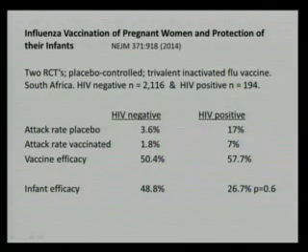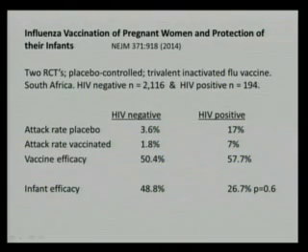It was actually two groups of patients, one HIV negative, one HIV positive in South Africa. And this was the trivalent inactivated vaccine. The people that were vaccinated had a lower attack rate than ones that were not, and the effectiveness was about 50%. And furthermore, looking at the infants, of course, they had antibodies from the mom. It was effective in infants as well.